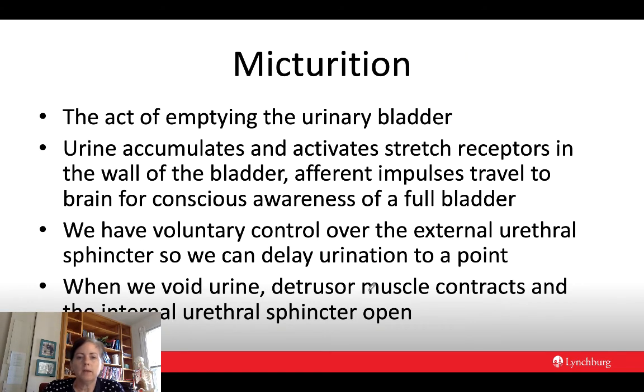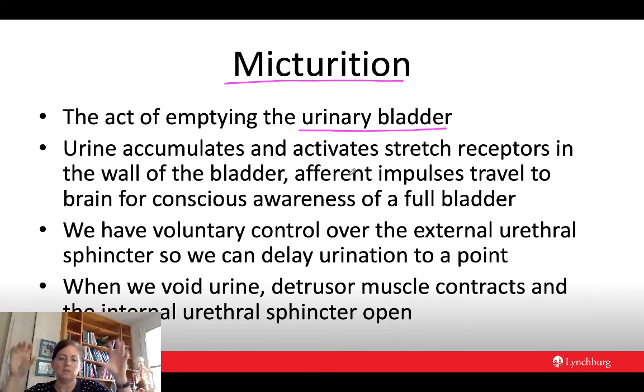And the way that comes into play is when we talk about the process of micturition, which is the act of emptying the urinary bladder once it becomes full. And so what we see is urine is constantly being conveyed from kidneys down to the bladder, and the bladder is going to stretch, and the wall of the bladder, the interior of it, is going to have stretch receptors that are going to detect that stretch and send afferent or sensory impulses up to the brain.